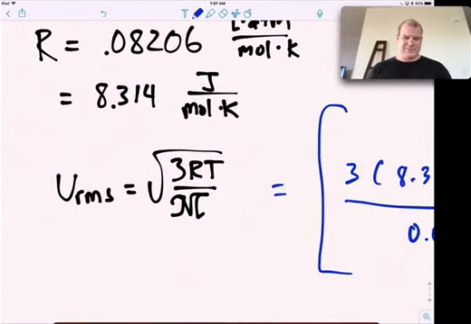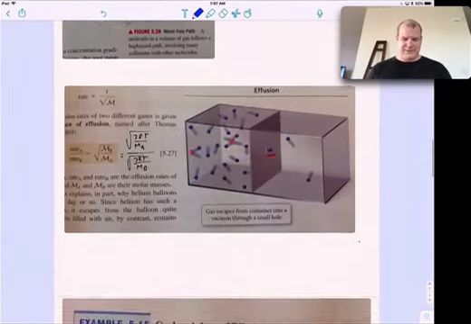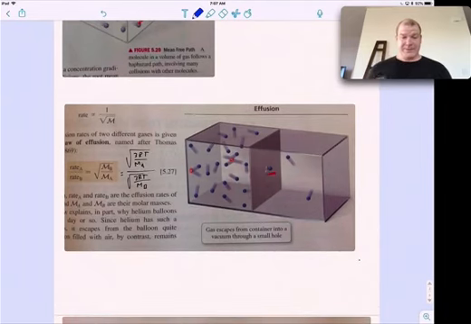So if you have 2 gases, then the rate of A over the rate of B is going to be the square root of the molecular weight of the second one over the first.